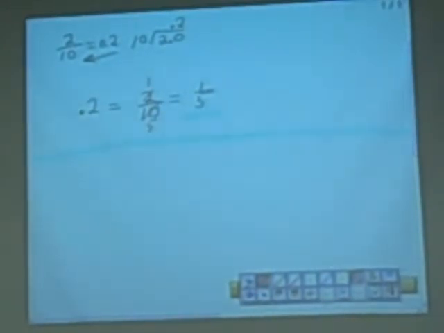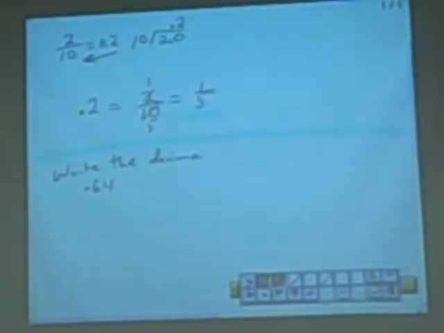Alright, so if we were to have a number such as 0.64, and we wanted to write the decimal as a fraction, we want to write this decimal as 64 over 100.